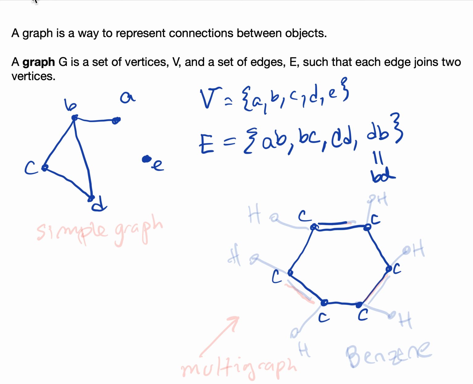And maybe there's actually a double bond between those pairs of carbon atoms, and we could represent that by a second edge. And then we could have hydrogen atoms coming off of each of those carbon atoms. And once we've completed that, then this is now the graph for the molecule benzene.